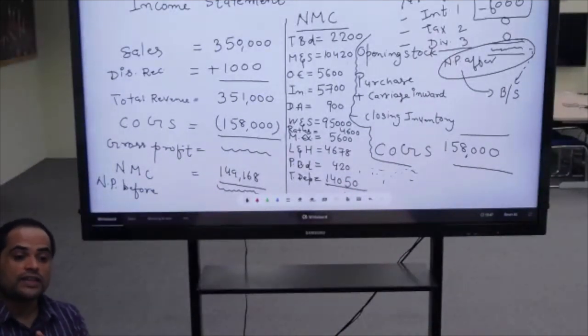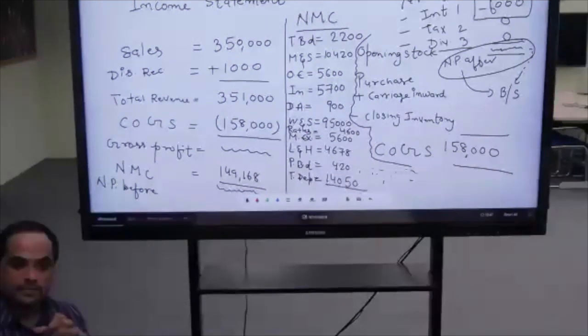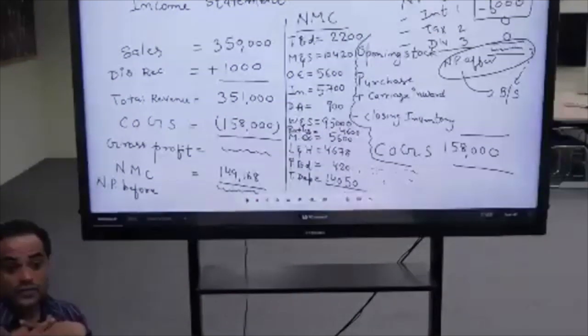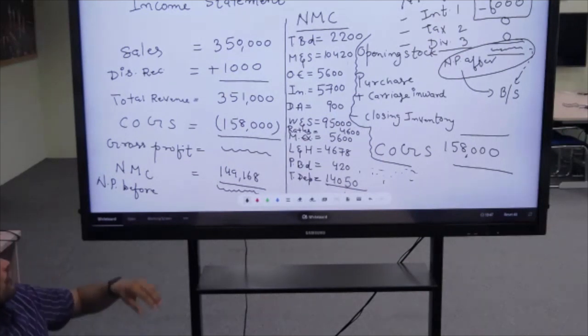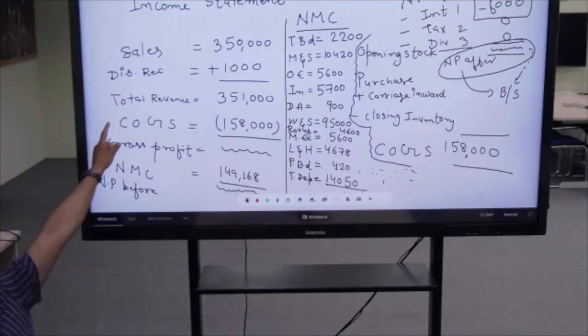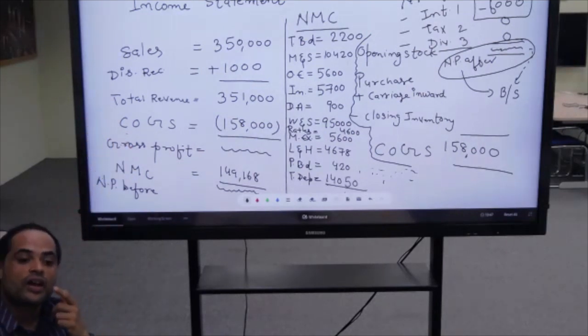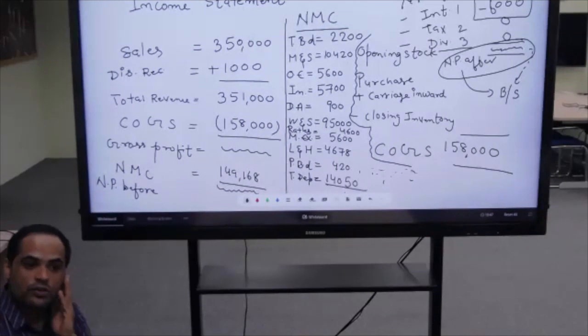Now I'm paying $3,600. That's a discount that I am receiving because I'm paying less money. So that's the idea behind discount received. Discount received will be considered as your income, which is 1,000. That's why your total income becomes $351,000. So that's all about discounts allowed and discounts received.